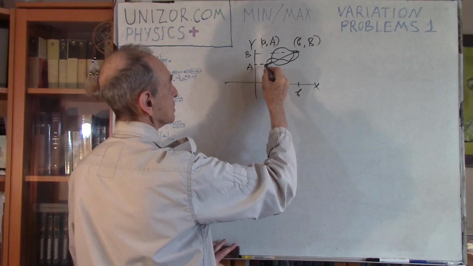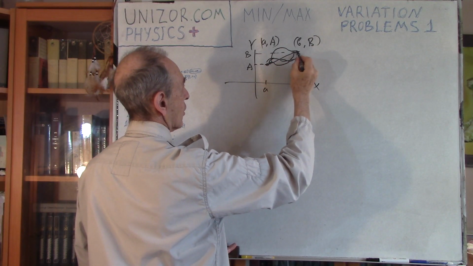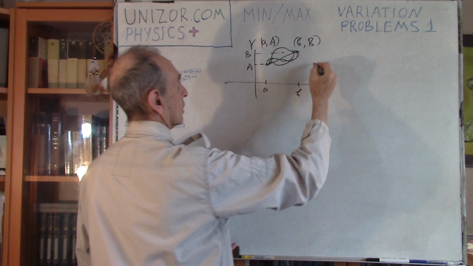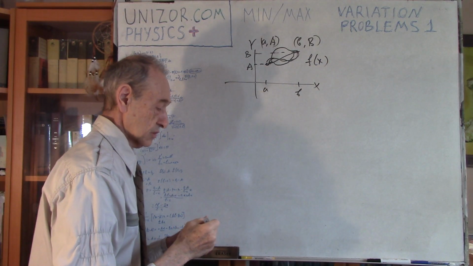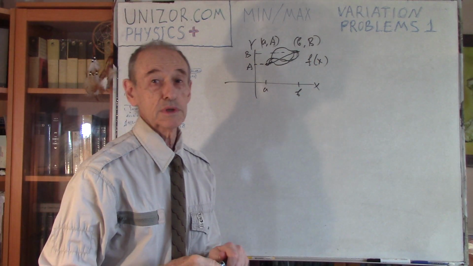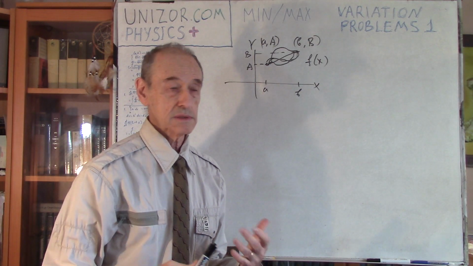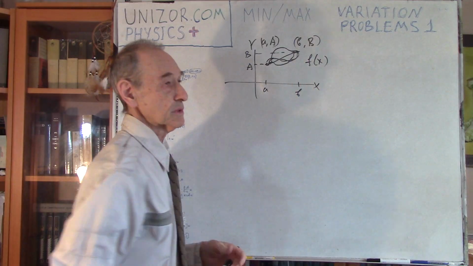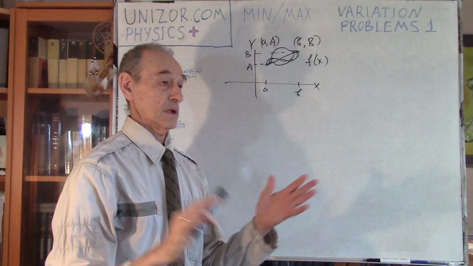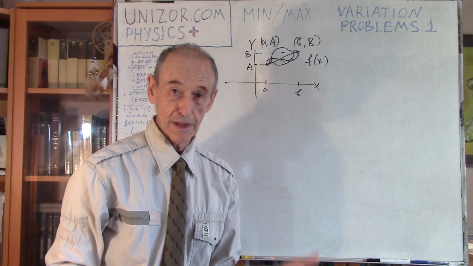I would like to know the length of this curve, of the function f of x. Well, obviously not for all of them, but I would like to minimize this length. So which function delivers the minimum distance between these 2 points? Obviously we all know that this is a straight line, right?